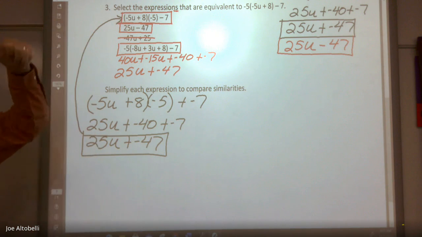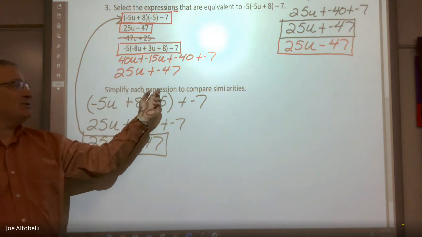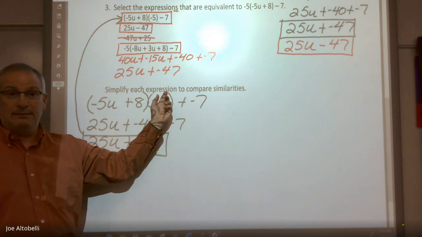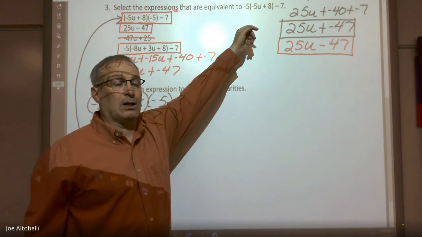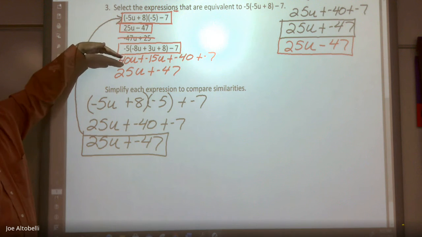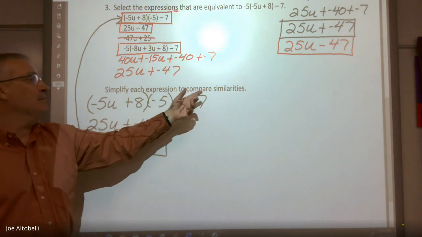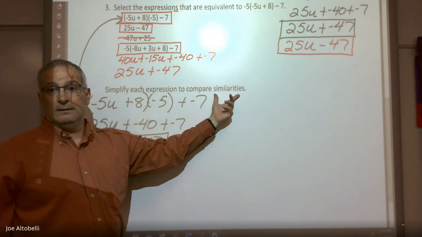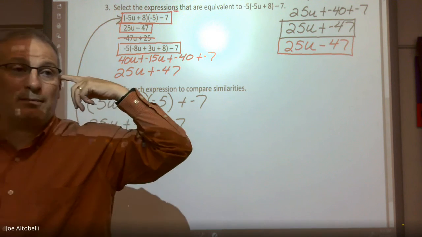Okay, so basically what you have to do is simplify each expression. The original problem, along with all of these expressions that can be simplified, you have to simplify them all before you compare and then determine which ones are right. So there's going to be a lot of math for each problem.